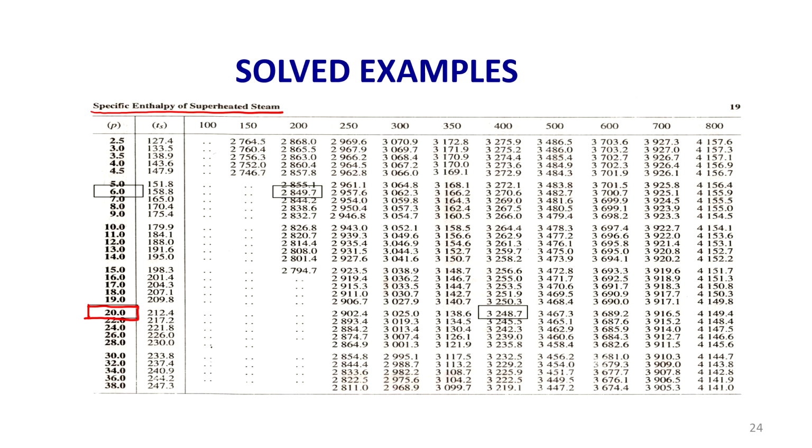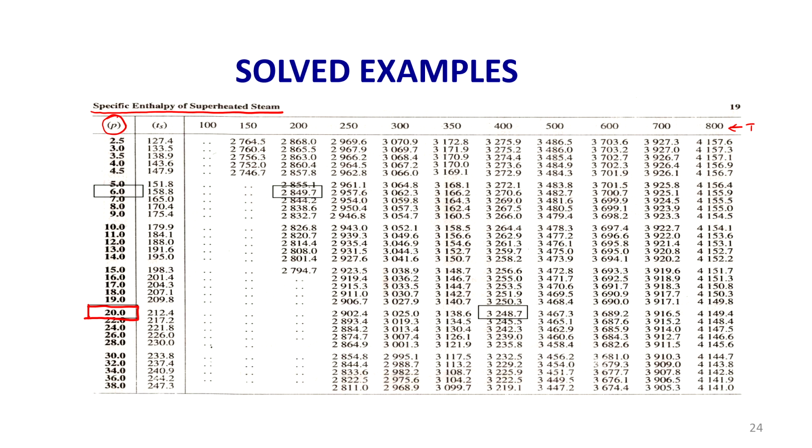Table 3, 4, 5: one is for specific volume of superheated steam, one table is for specific enthalpy of superheated steam, and the last table is for specific entropy of superheated steam. So, corresponding to 20 bar pressure, this is pressure, and these are all the temperatures. The given temperature of the steam is 400 degree centigrade.